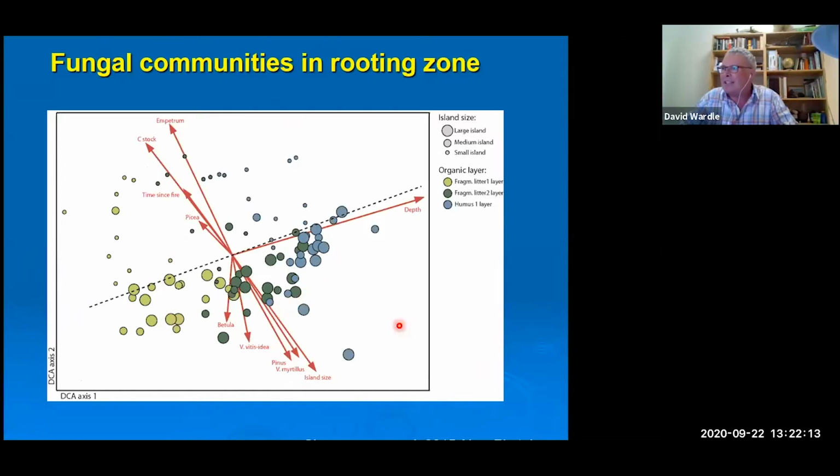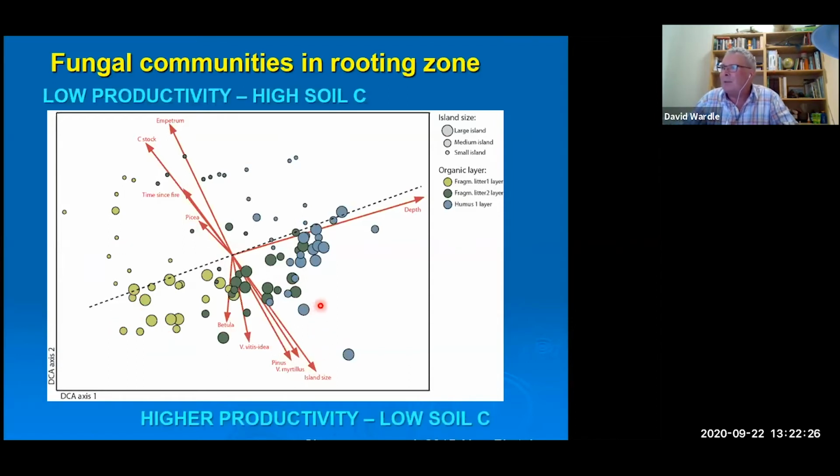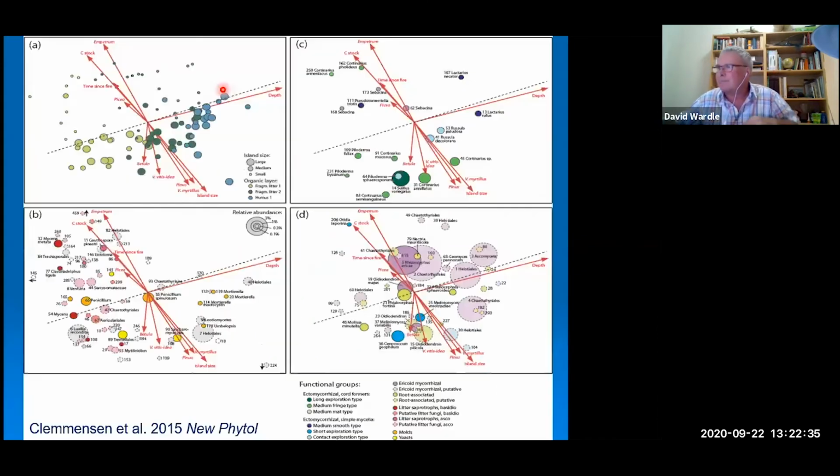So big circles are big islands, little circles are little islands. Blue is soil deeper down the soil profile, green is nearer the soil surface. So we find that big islands have fungi that are associated with high production, low soil carbon. The little islands, low production, high carbon.